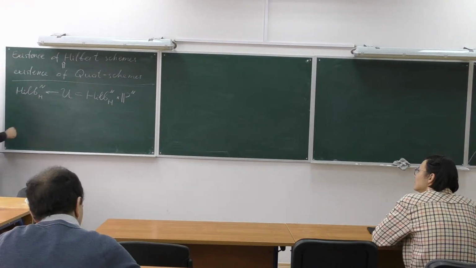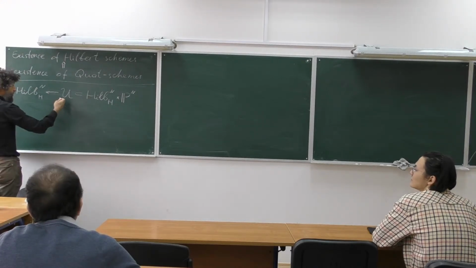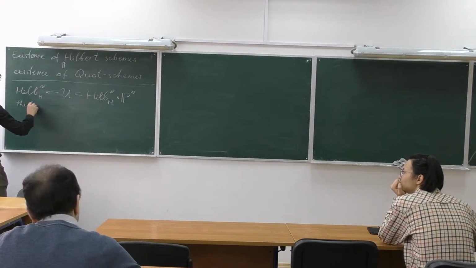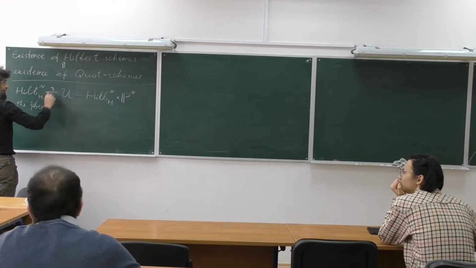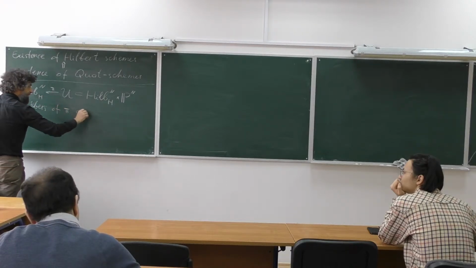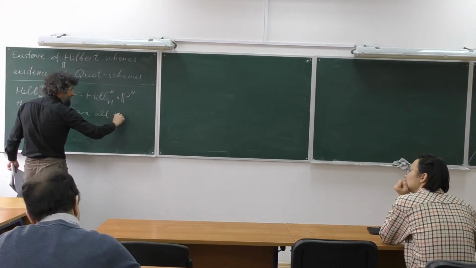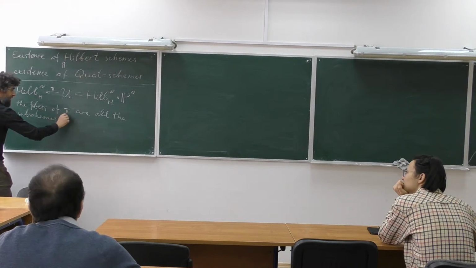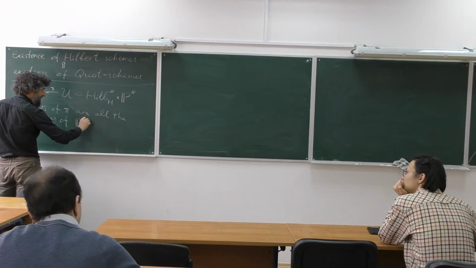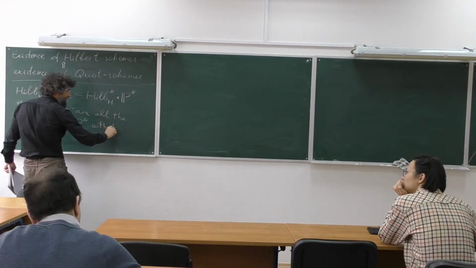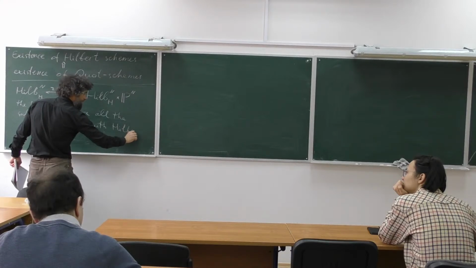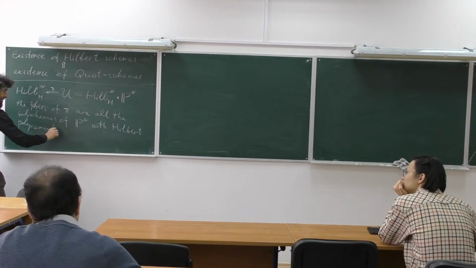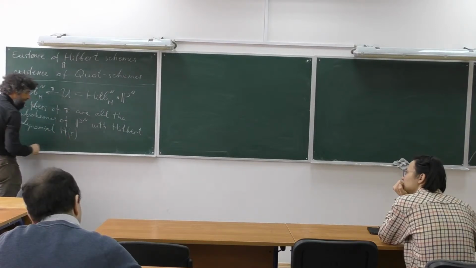Okay, and all the fibers of pi are all the subschemes of Pn with Hilbert polynomial h of r.